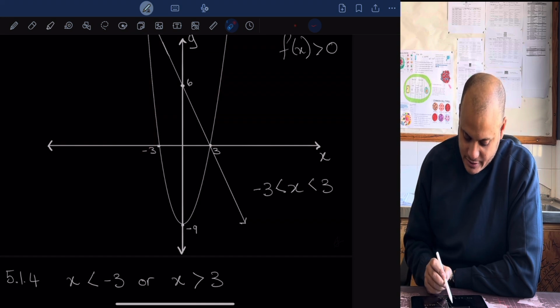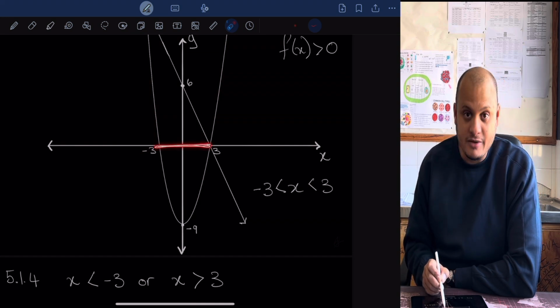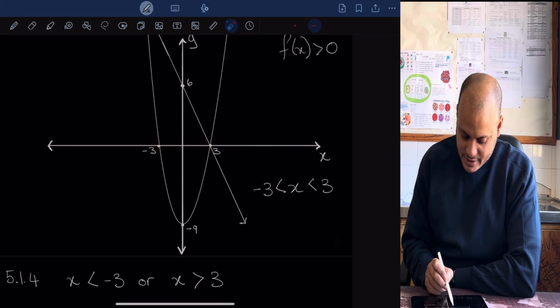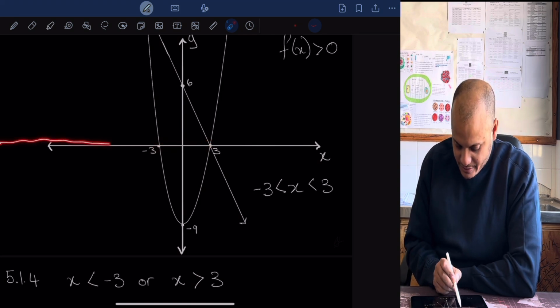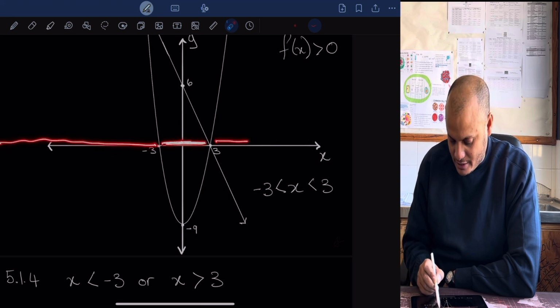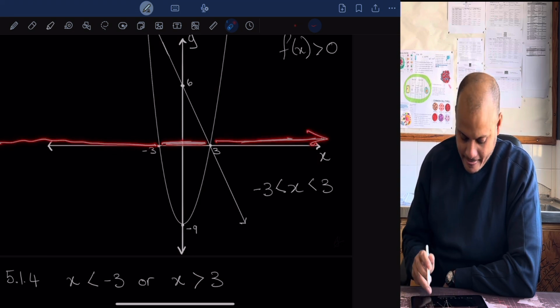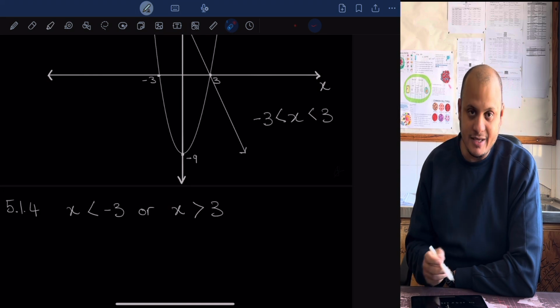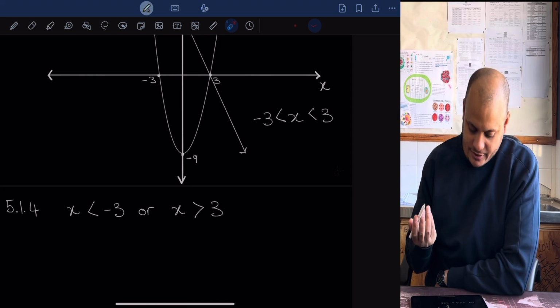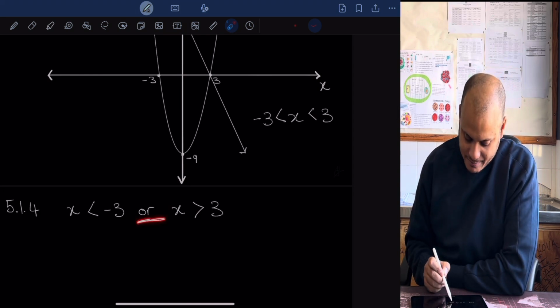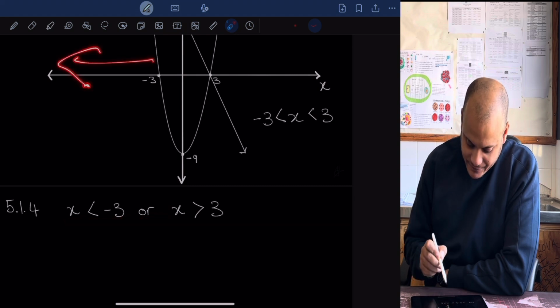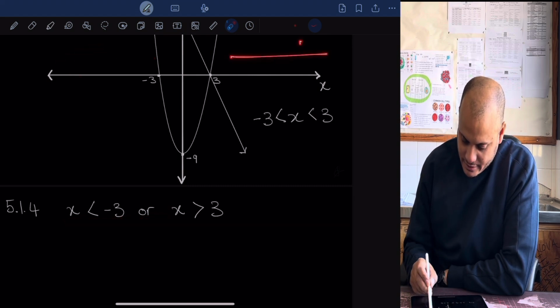It does not follow all the way through, because in this portion here, my f of x is negative. So there are positive values all the way from here up to this point. Then there's a gap, and then there is this part over here. So you can think of that gap on the graph as relating to the gap between what I've written here. In other words, x less than -3 going that way, and x greater than 3 going that way.